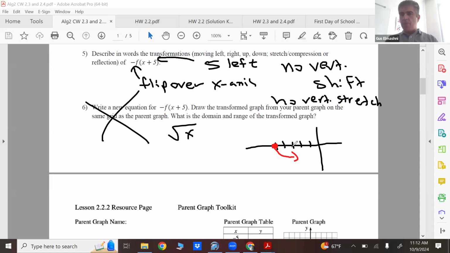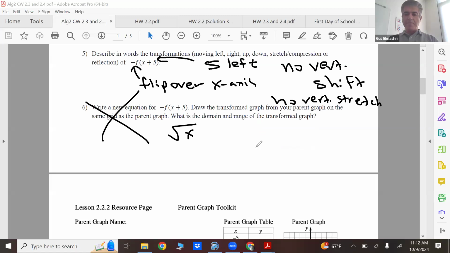So that's just an example of how you would shift it. Or if it was absolute value, it'd be like that, right? Or if it were cube, it'd be like this, because of the reflection.